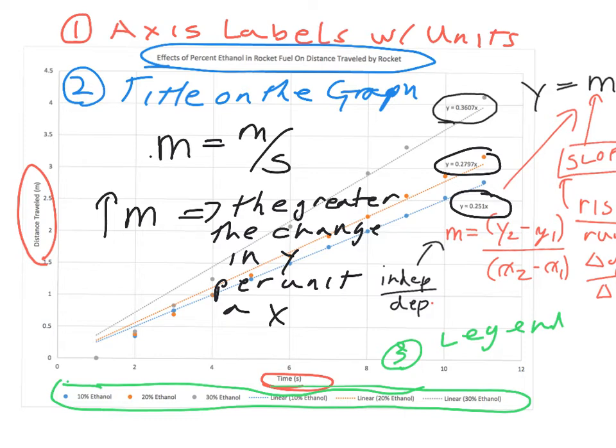So if I asked you which of these ethanol mixtures made the rocket go faster, you'd look and see which of these had the greatest slope. This one, R, 30%, had the greatest slope of all.